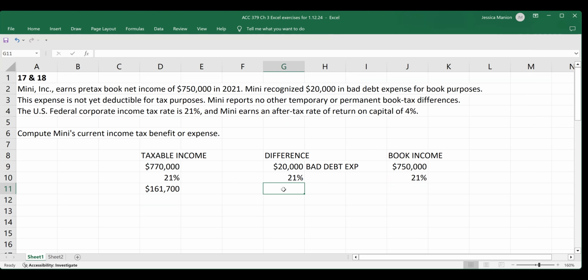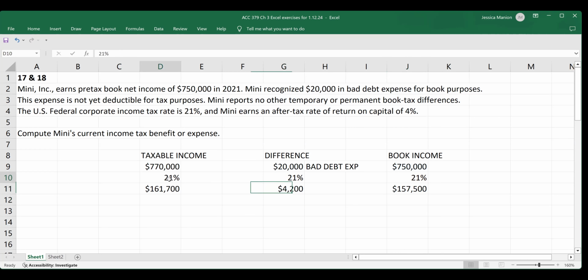The bad debt expense is actually going to give us a deferred tax asset because we're paying taxes on it now, and then eventually we're going to be able to claim the deduction in the future. So this gives us that deferred tax asset, which equals 20,000 times 21%. And then finally 750,000 times 21%.